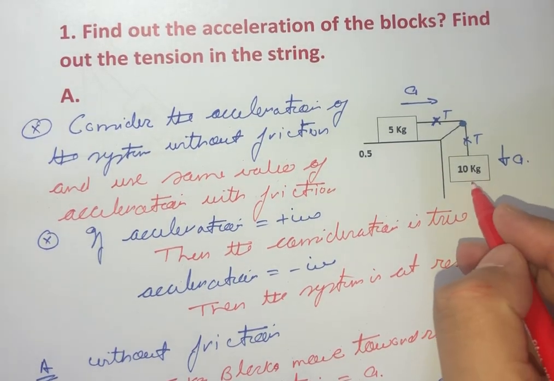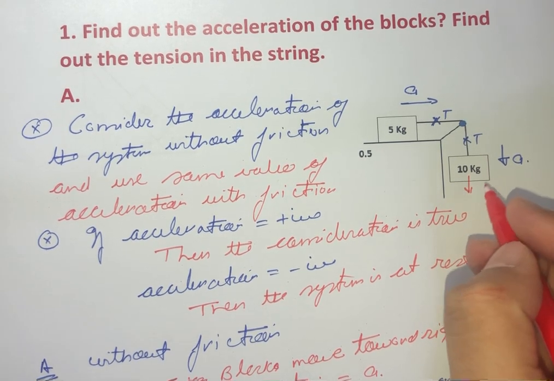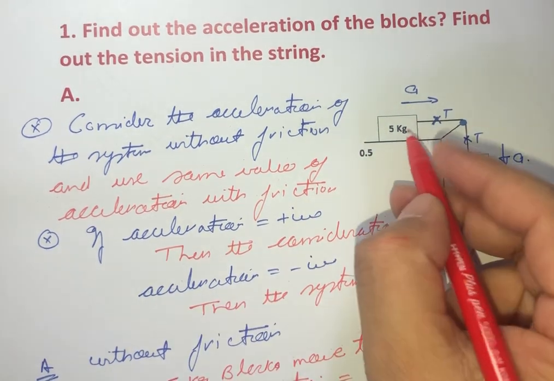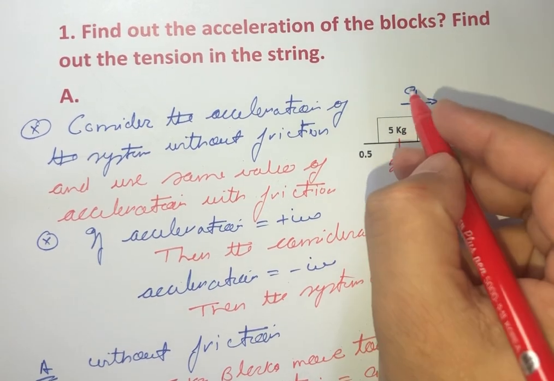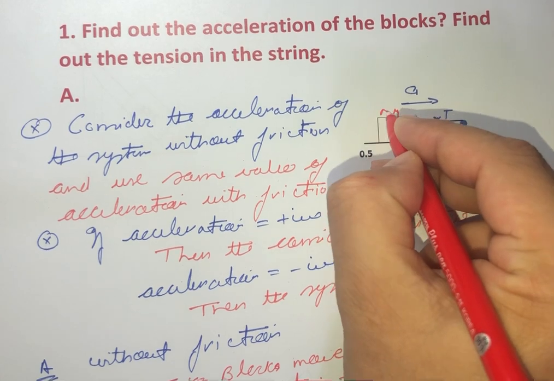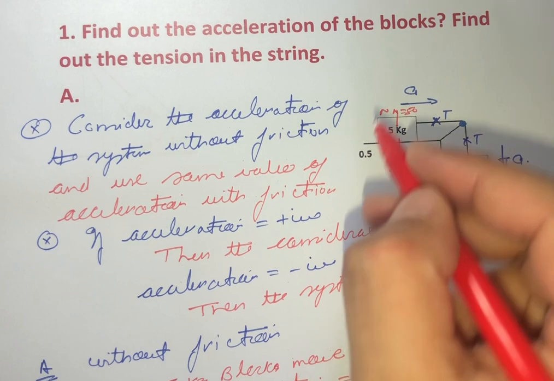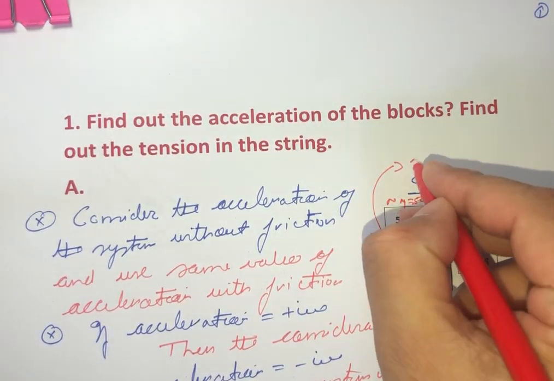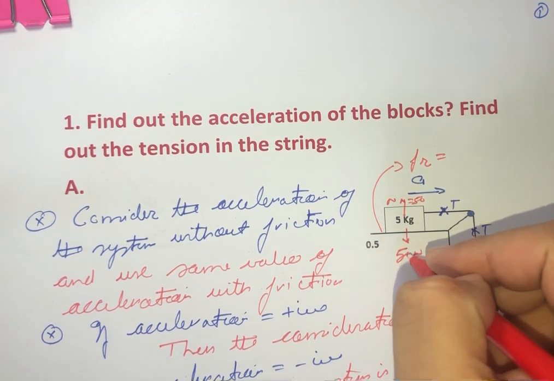There will be mg acting downward, which is 50 Newton for the 5 kg block. There will be a normal force N acting upward, whose value will be equal to 50 Newton, and here we have the friction Fr, which will be equal to mu into normal.